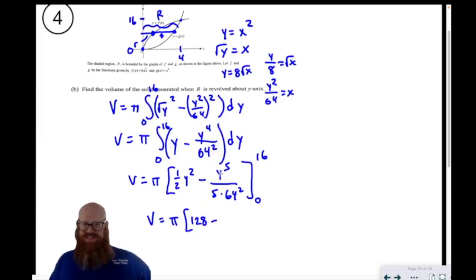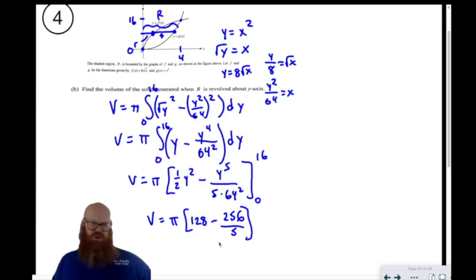And then I have 16 to the 5th, which is going to be 2 to the 20th. Let me make sure I'm doing that right. Yeah, 2 to the 20th, and we already said that 64 squared was 2 to the 12th, so that's 2 to the 8th, which is 256 over 5. And then 0 is just going to give us 0, so I just get this.